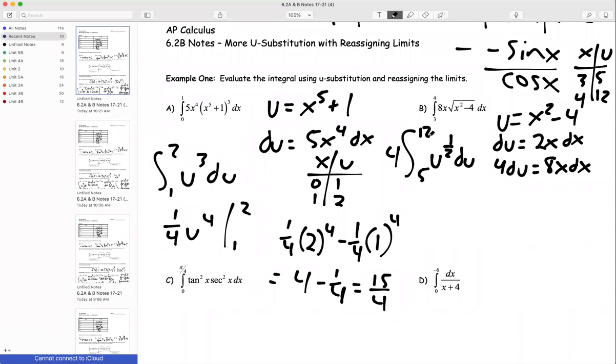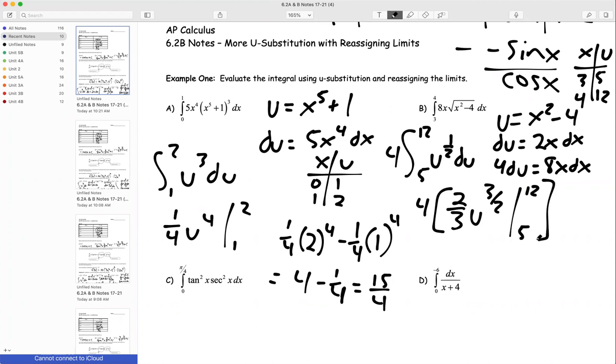Okay, so the antiderivative of u to the 1/2 is going to be 2/3 u to the 3/2, evaluated from 5 to 12. And so I'm going to plug in my bounds.